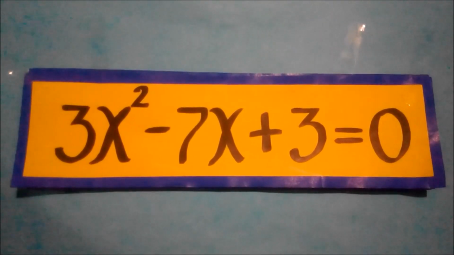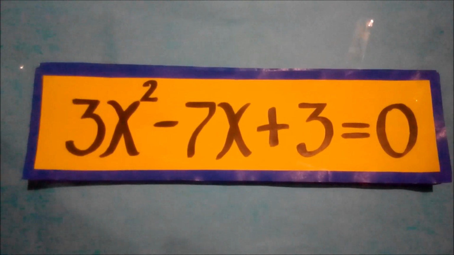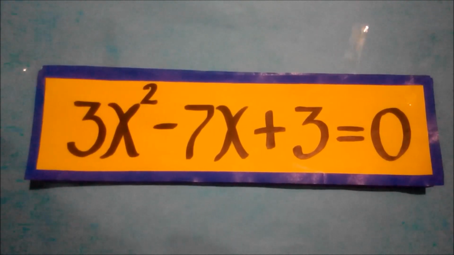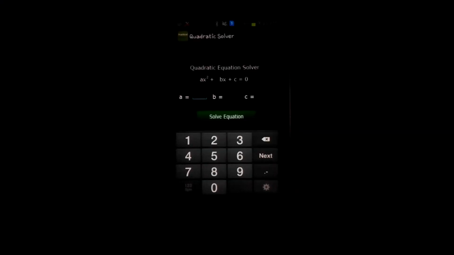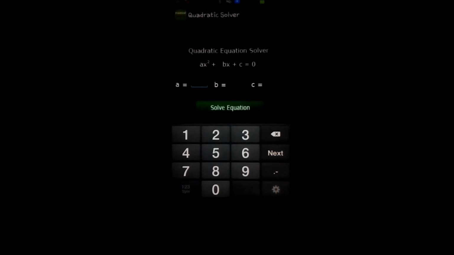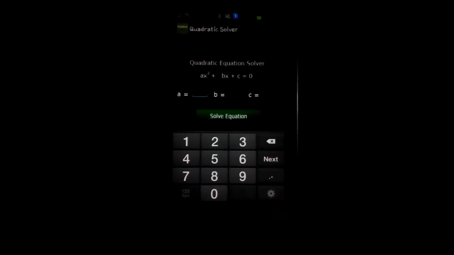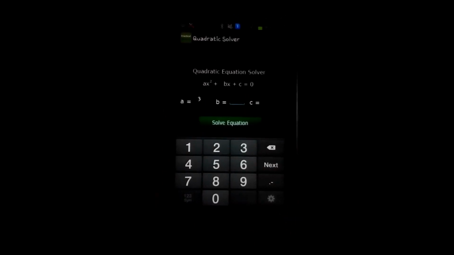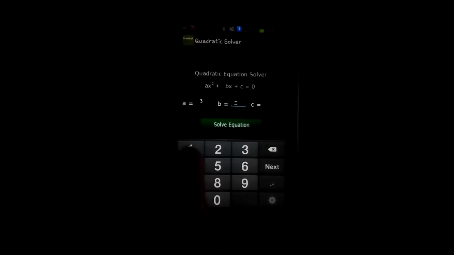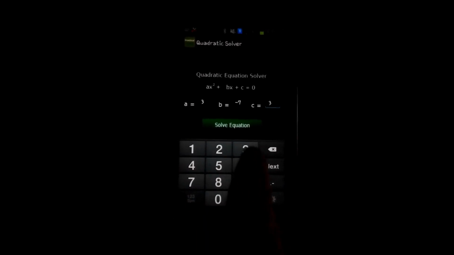Another equation was 3x squared minus 7x plus 3, and the values of x that we had solved were 1.77 and 0.57. Now, just input the values of a, b, and c respectively. The value of a is equal to 3, the value of b is equal to negative 7, and the value of c is equal to 3.